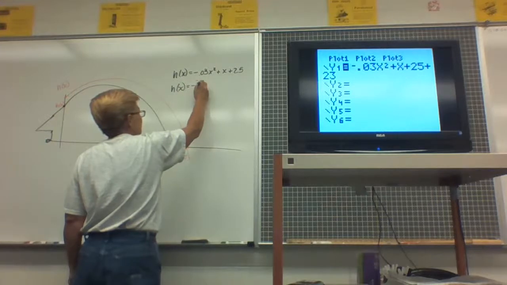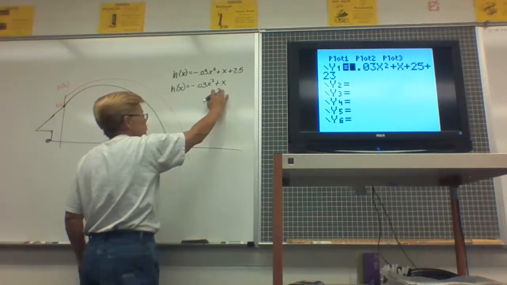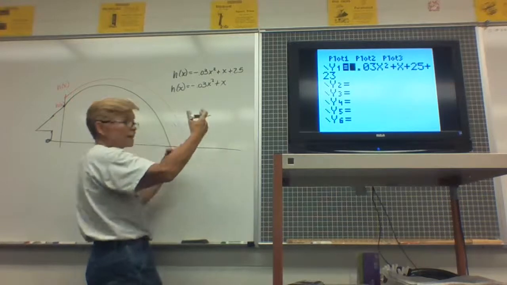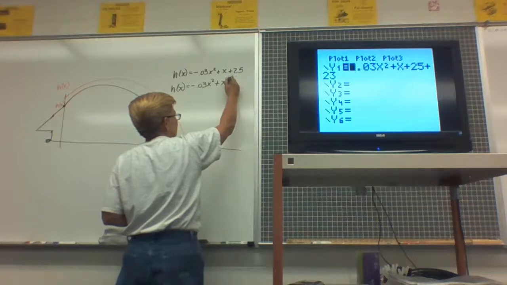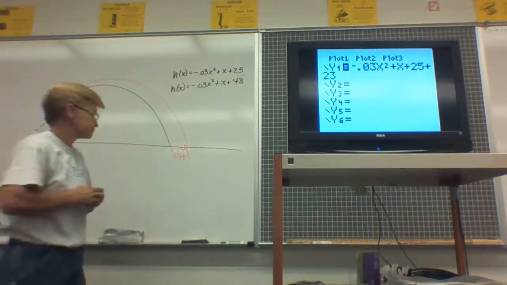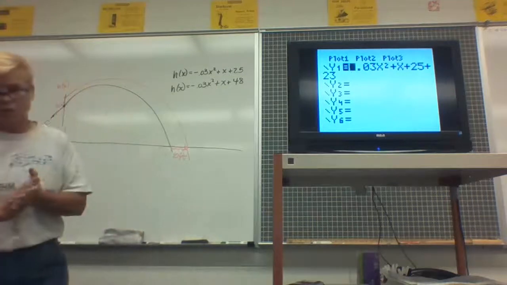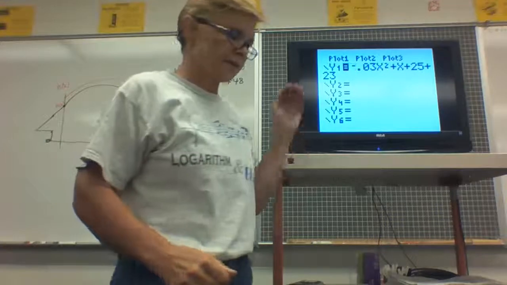I mean, negative 0.03x squared plus x, because nothing happens to these. To move it up, all I have to do is add a number. We did, it was 23. But I need to combine it with this constant here. 23 and 25 is 48. So this new function right here will cause the water to land 10 feet farther out.